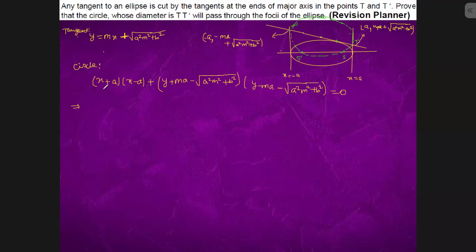So we can find this is x square minus a square.